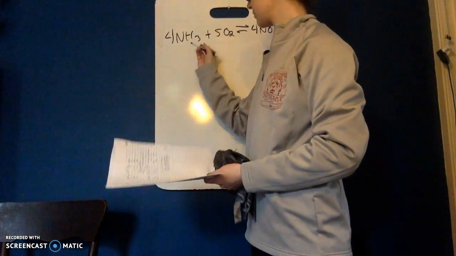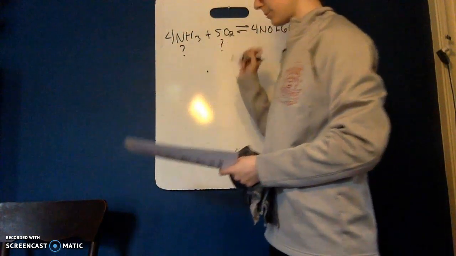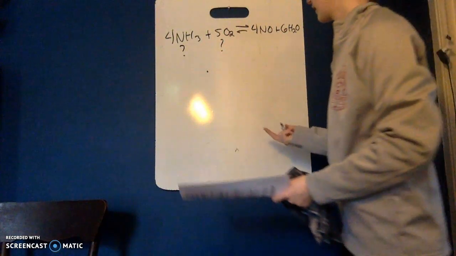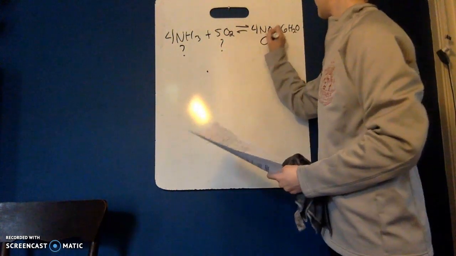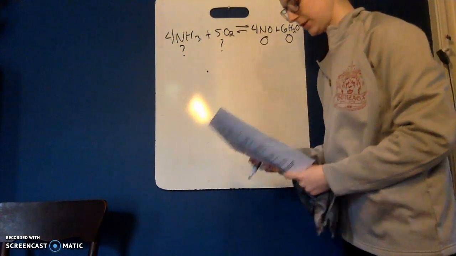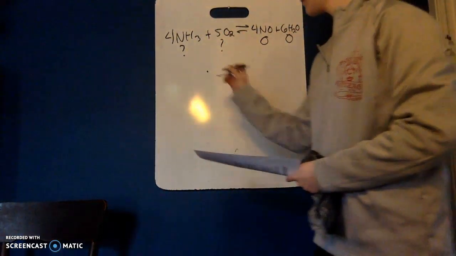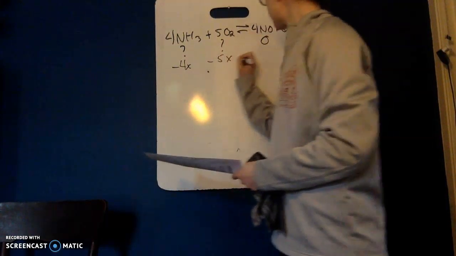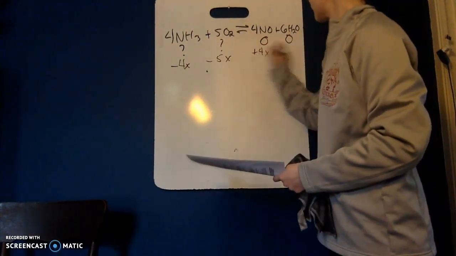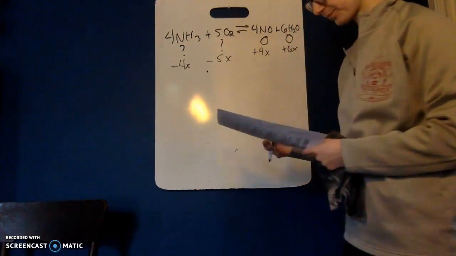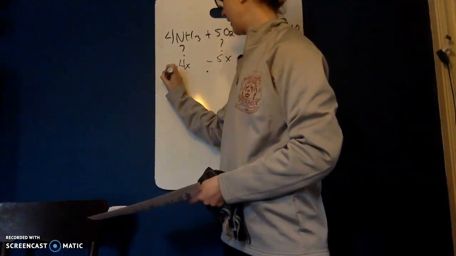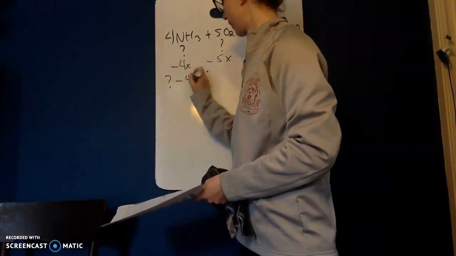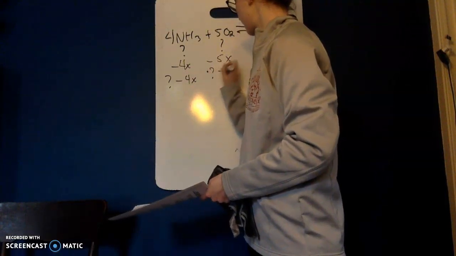We don't know the original concentrations, so I'm just going to put a question mark there. You can put literally anything there because it's algebra. We have 0 for the start of the products, NO and H2O. For the change, we're going to have minus 4x, minus 5x, plus 4x, and plus 6x. So at equilibrium, we have whatever we start with, minus 4x, whatever we start with, minus 5x, 4x, and 6x.